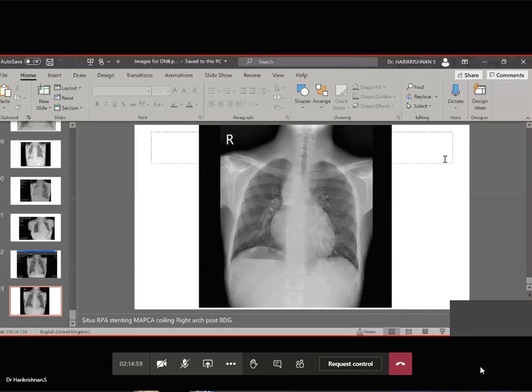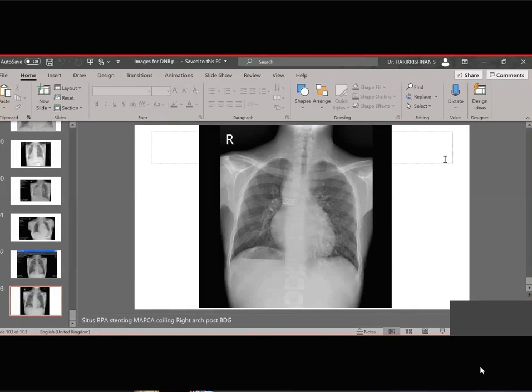Sir, in the case of a ball and cage valve, is there anything like four struts in the mitral position and three struts in the aortic position, to differentiate? I don't know. I am not aware of anything like that.